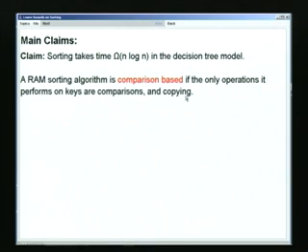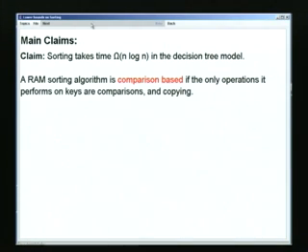If you go back and think about the sorting algorithms that you have seen, there is a good chance that most of them are in fact comparison based. Take heap sort, for example. The only operations you do on keys are you compare two keys, and maybe you copy them. Similarly for merge sort, similarly for insertion sort, similarly for shell sort if you have studied that. In fact, most of the algorithms that you have studied are probably comparison based algorithms.